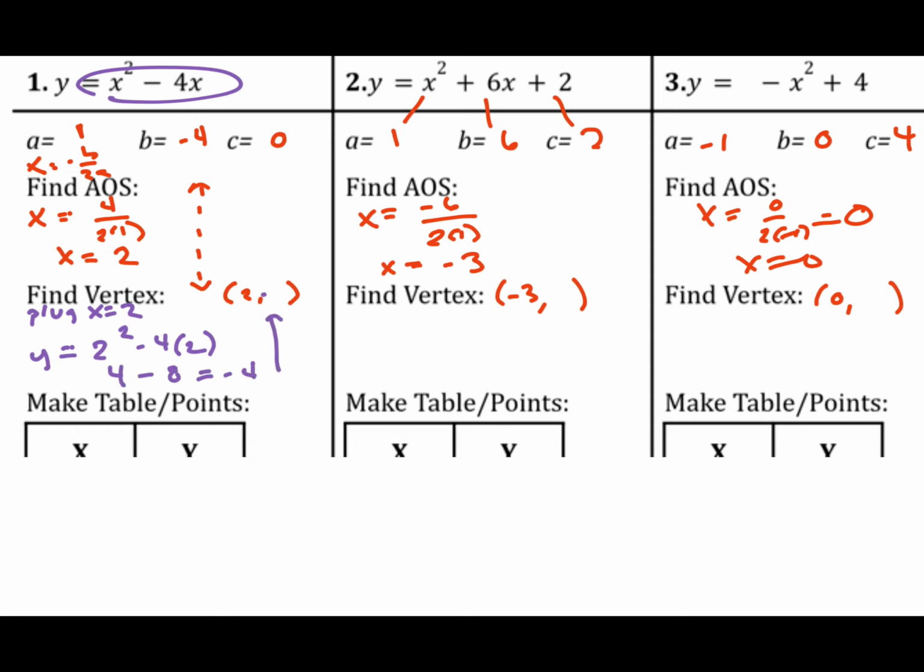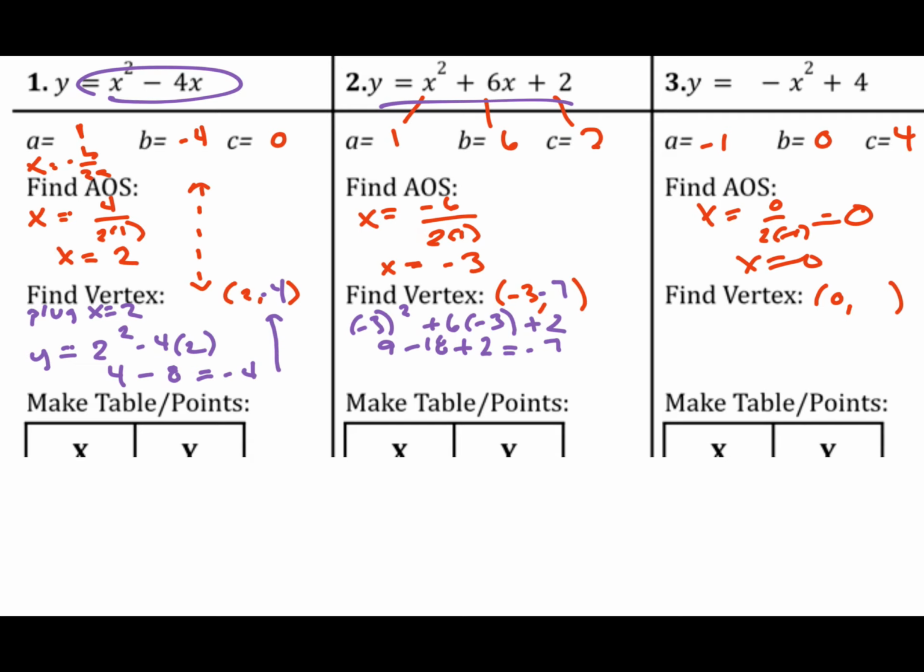So that's going to be my y value here. If I plug negative 3 in up here, I get negative 3 squared plus 6 times negative 3 plus 2, 9 minus 18 plus 2, which is going to be negative 7. So negative 3, negative 7.